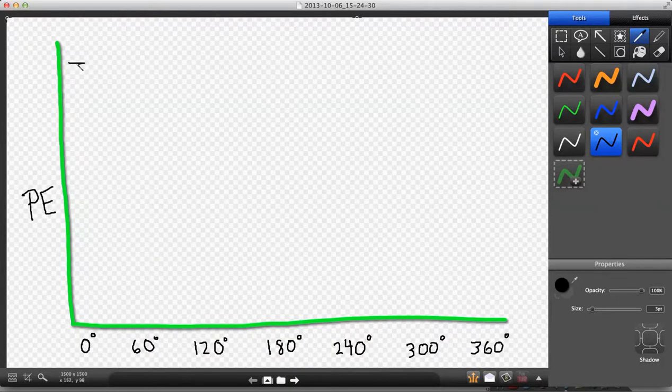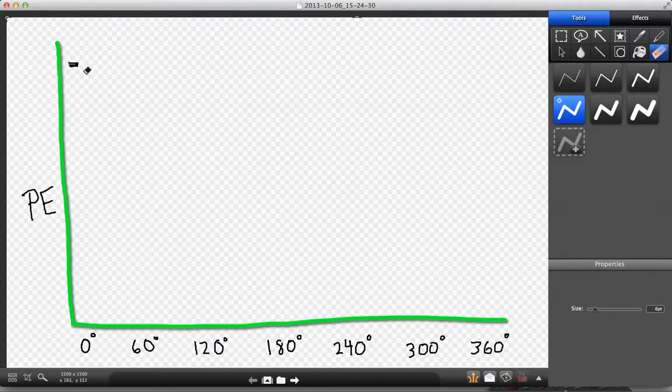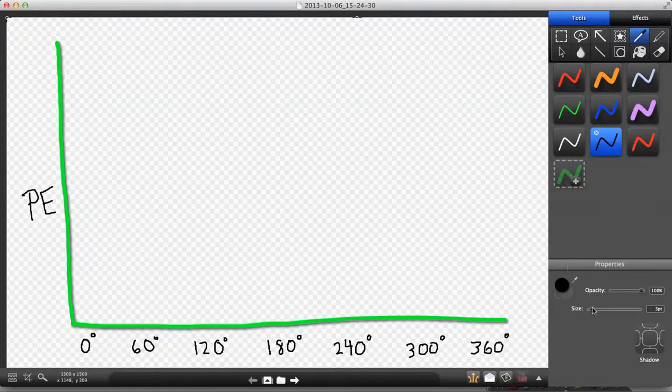So remember, 0 degrees and 360 degrees will be the highest in energy. 180 will be the lowest, 60 and 300 will be the second lowest, 120 and 240 will be the second highest.